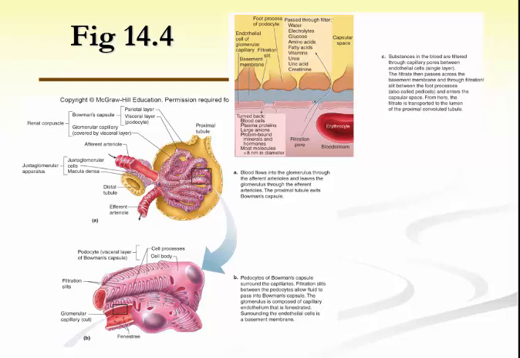And the filtration membrane is formed by the endothelial cells of the capillary, some basement membrane, which of course is always associated with epithelia, and then we have our podocytes. If you remember podocytes from your anatomy class, they are modified smooth muscle cells that have pseudopods or extensions that interdigitate with the pseudopods of the other podocytes, and they completely surround these fenestrated capillaries.